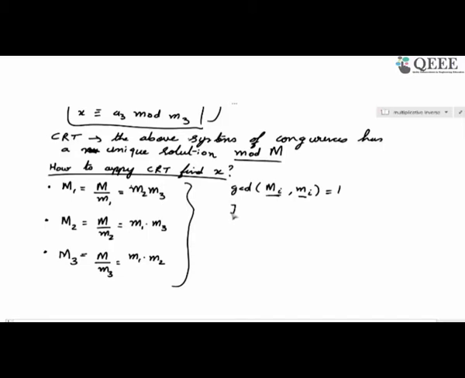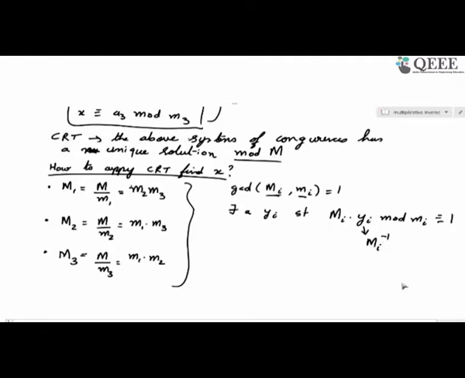In other words, there exists a yi such that capital Mi into small yi mod small mi is congruent to 1. So yi is the multiplicative inverse of capital Mi.